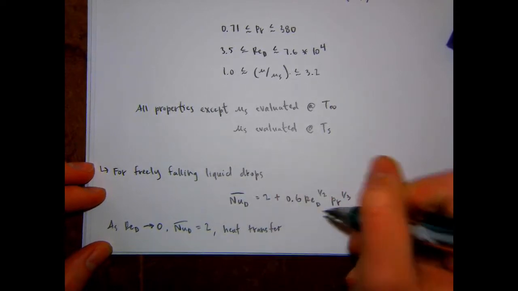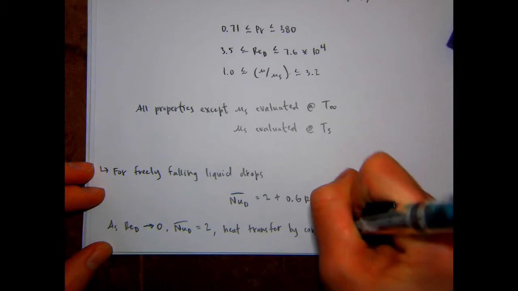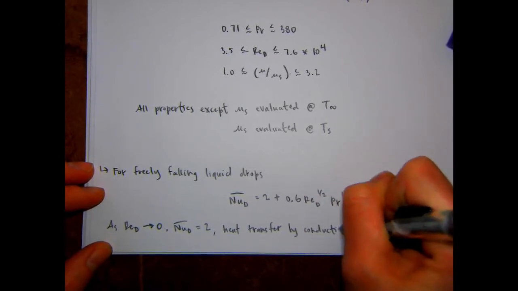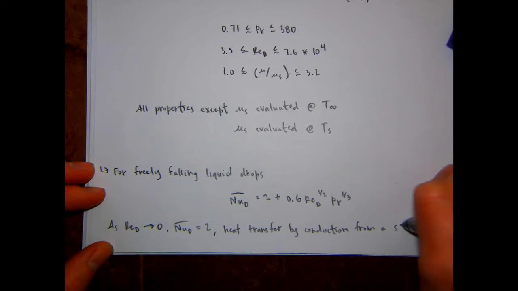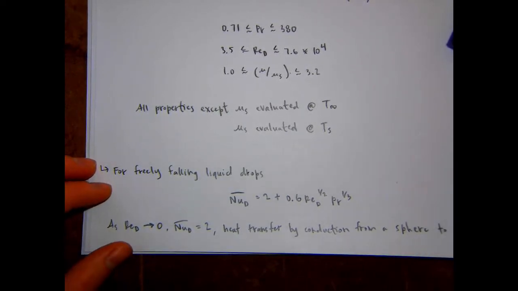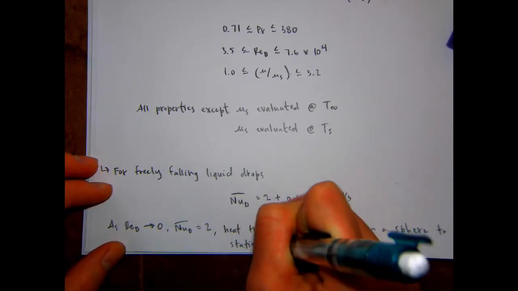So that Nusselt number of 2 is heat transfer by conduction from a sphere to stationary infinite surroundings.